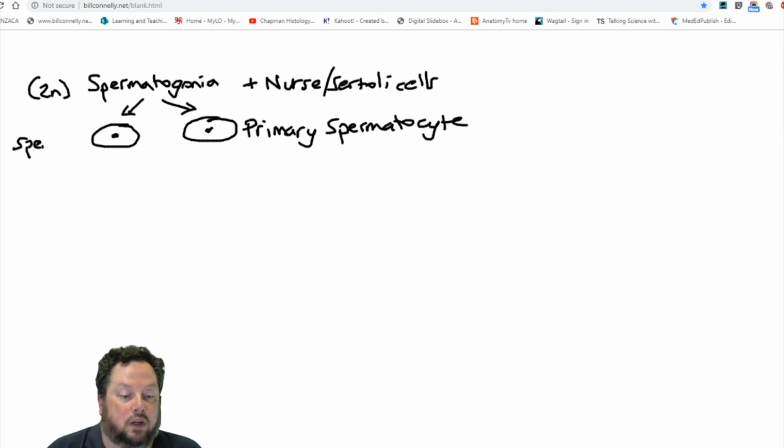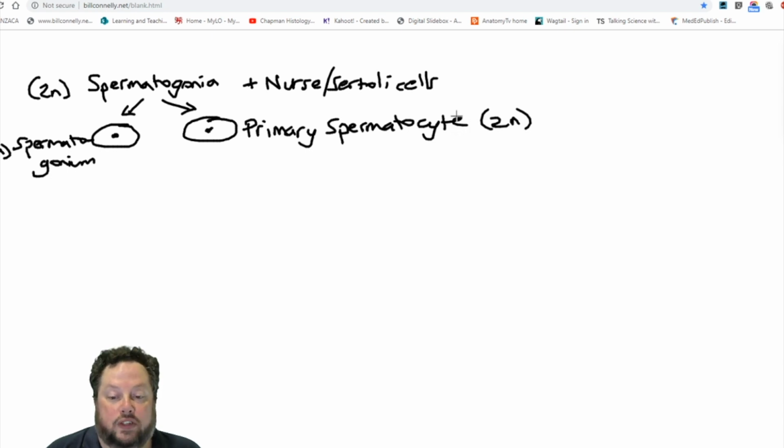So this will still remain behind as a spermatogonium. Now, the primary spermatocyte is also a 2N or diploid cell, with 23 pairs of chromosomes, I should say, for 46 in total.